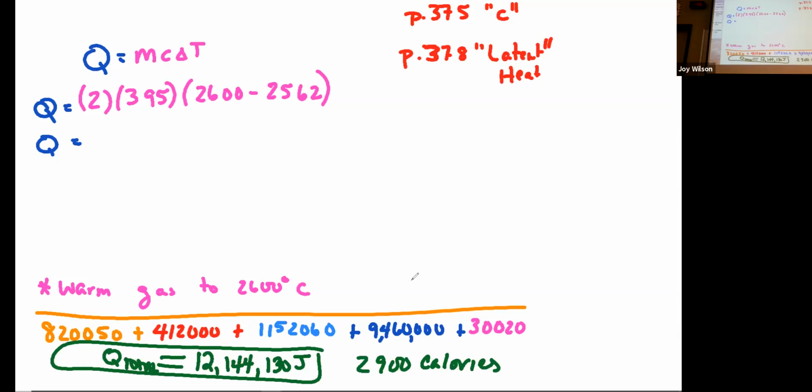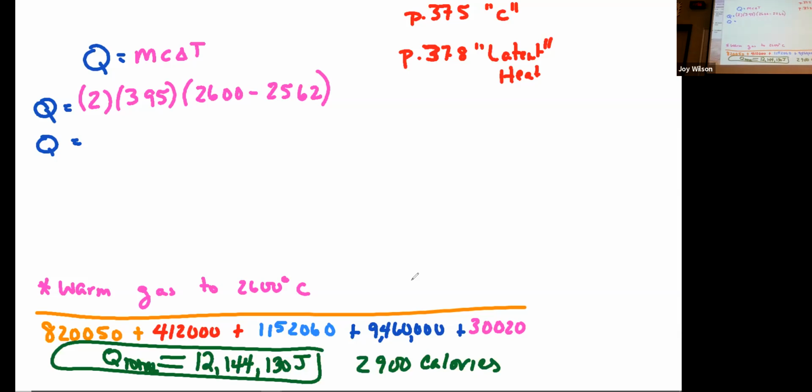Here's a temperature change, here's a temperature change, here's a temperature change, here's a temperature change. Here's a phase change and here's a phase change. The phase change at steam is a lot, right? That was a lot of energy to change it from liquid copper to steam copper.